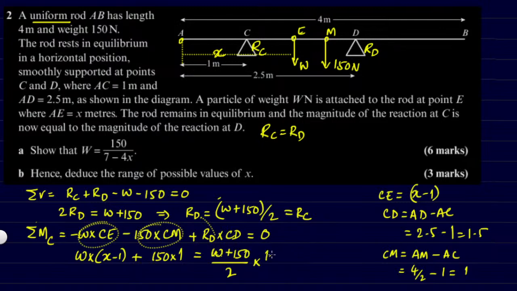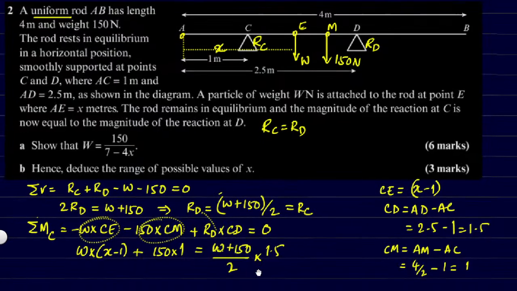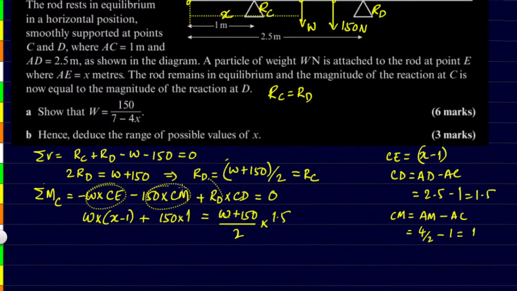CD length is 1.5. Here we are asked to find the value of W. So just keep W on one side, and send everything else to the other side.